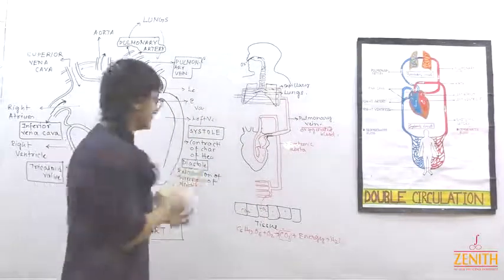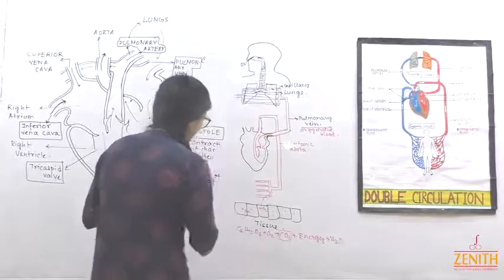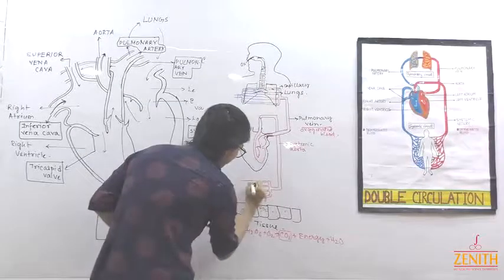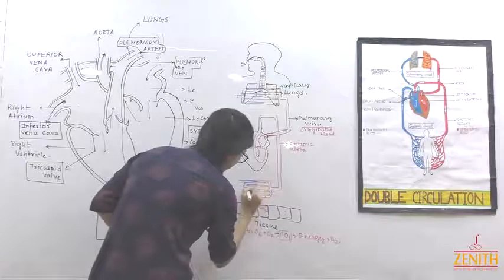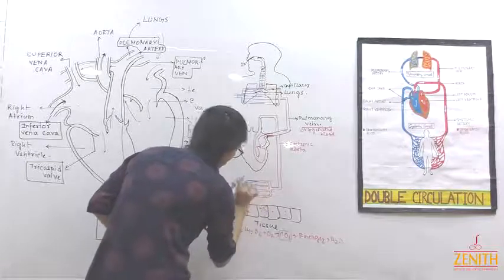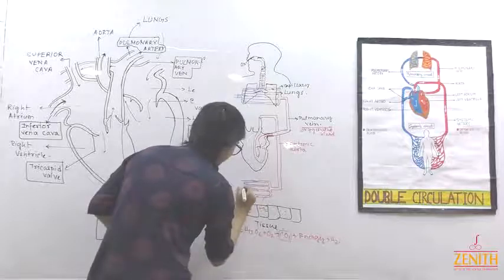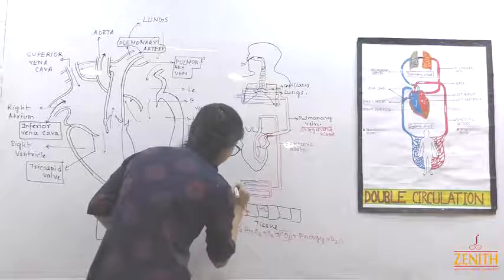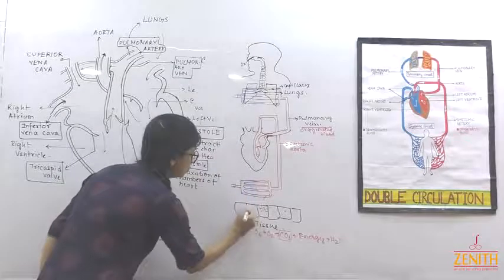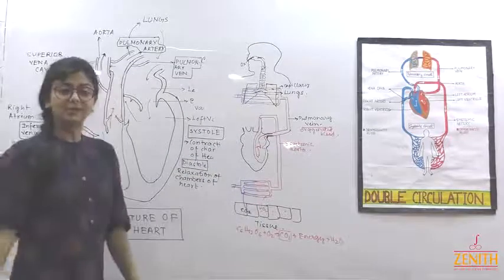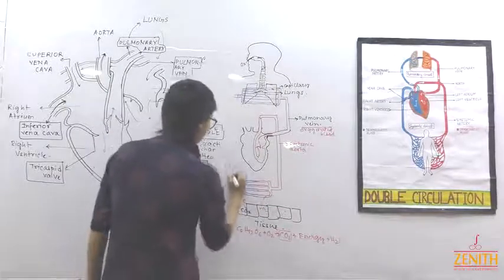The veins will collect this. We know the venules are also present here, right? They will collect this carbon dioxide containing blood. It will enter inside this capillary. So the vein will take this.